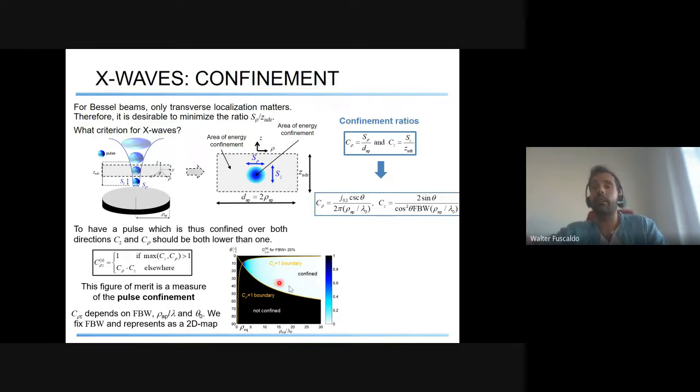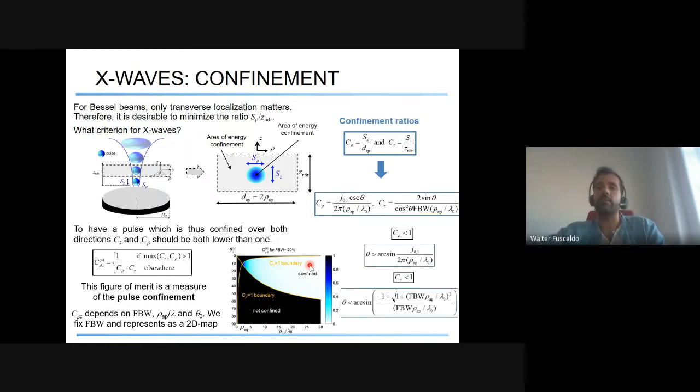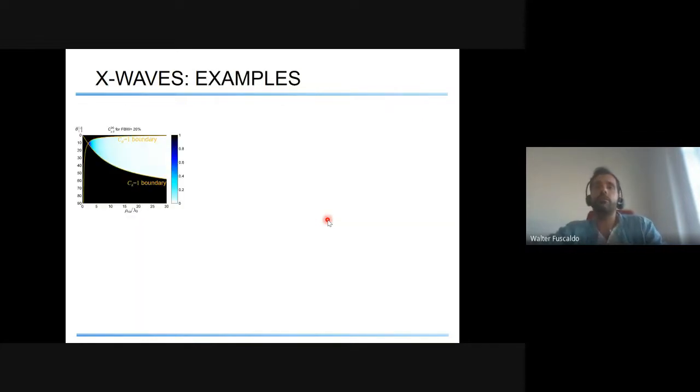If you look at the light area, this is the allowed range of values for the axicon angle and the aperture radius, where you can get a pulse that is actually confined along both the longitudinal and the radial axis. Here you can see some equations that define these boundaries that are not important to get a first interpretation of the phenomenon. But this slide instead gives you a clear understanding of this figure.